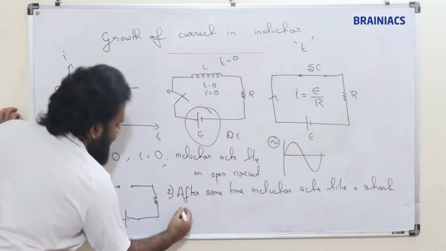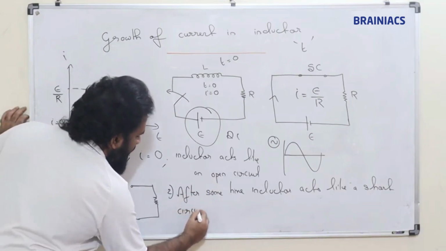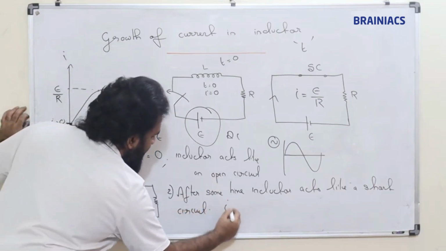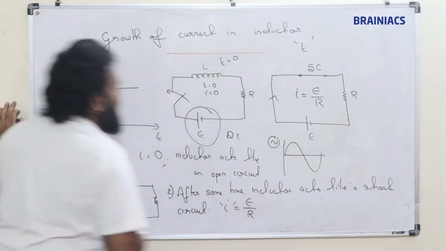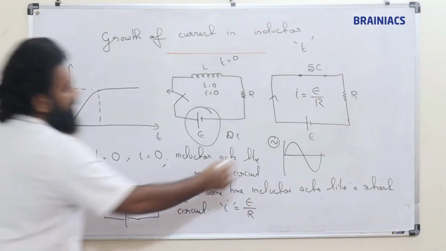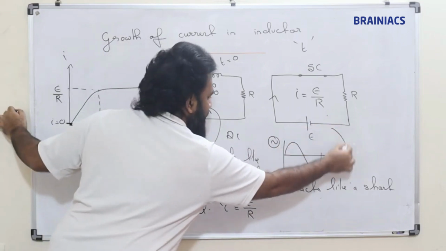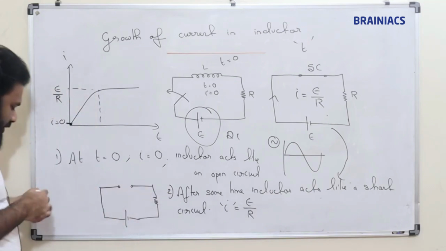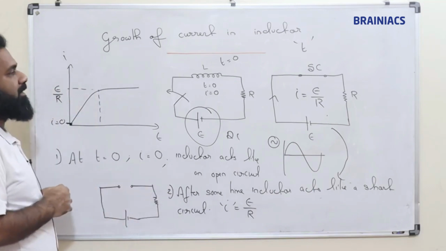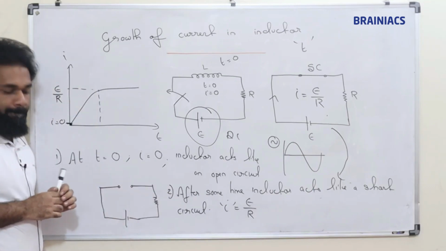This is open circuit, this is short circuit, and the current is equal to E by R. So at that time it will behave like this. This circuit is for this statement. Please note down all these points. Pause the screen and note it down.